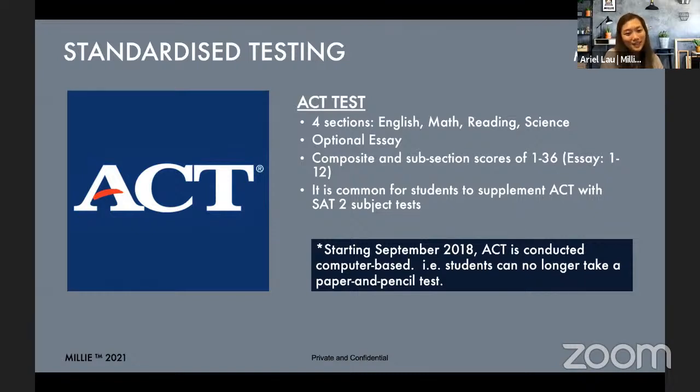Basically, you would be looking at a computer screen and clicking your answers into the test paper. So if you're the type of student that likes to jot down notes on test papers and highlight everything, this may not be the best option for you. But do bear in mind that the traditional paper and pencil test is not available anymore at this point.